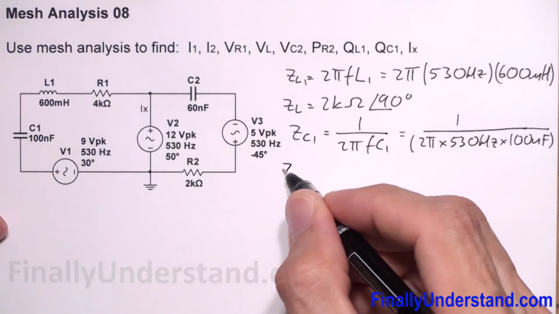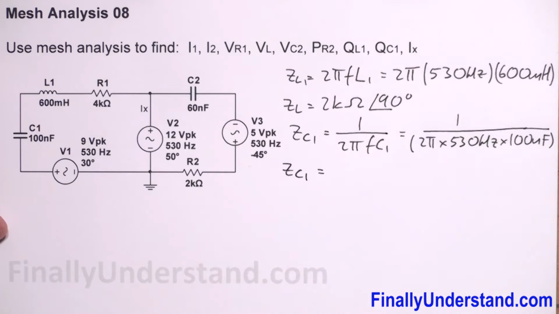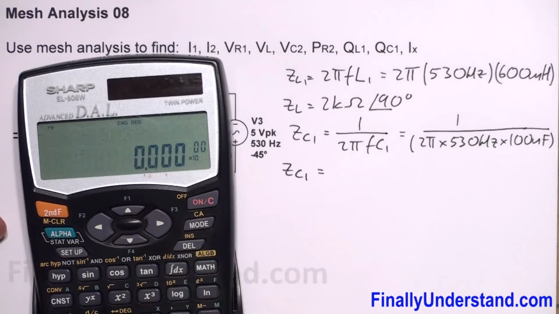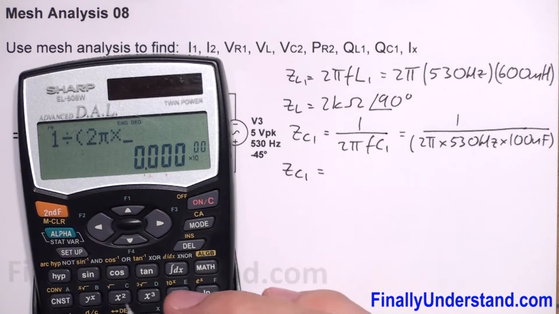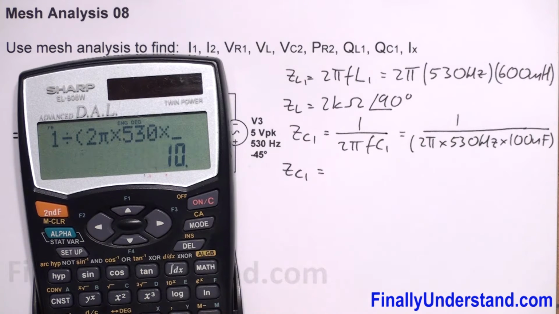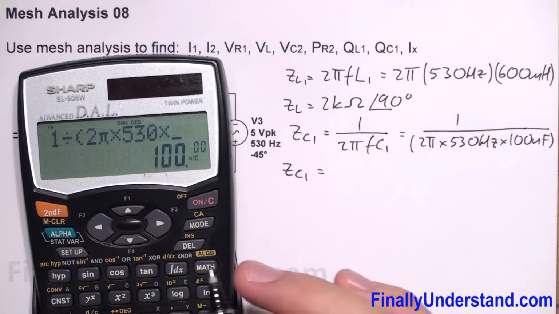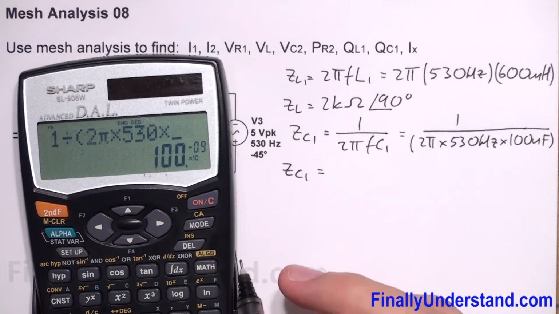So ZC1 is equal to 1 divided by, open parenthesis, 2 pi times 500 tera times 100 exponent negative 9, close parenthesis.